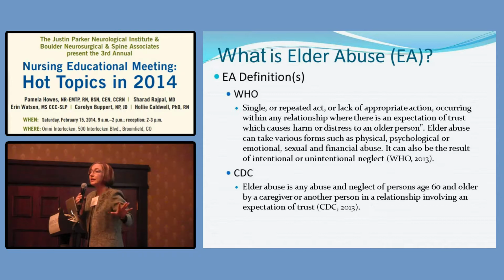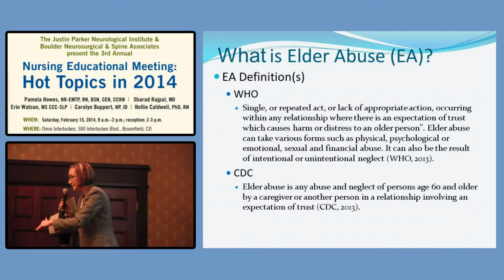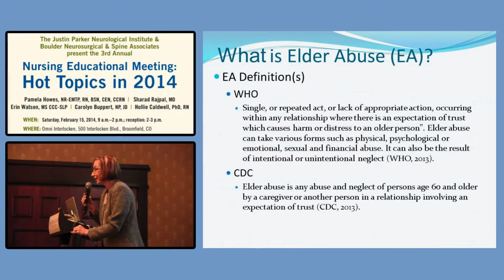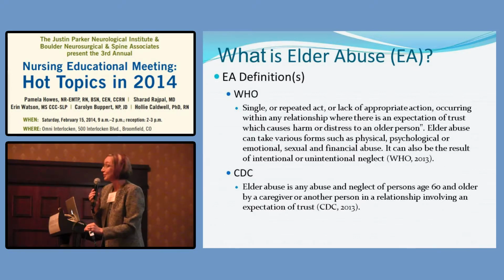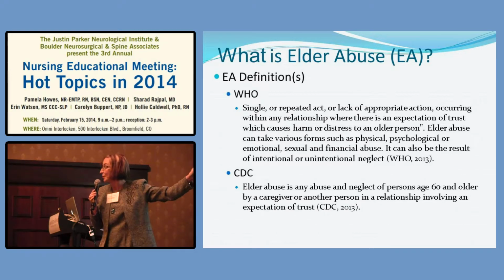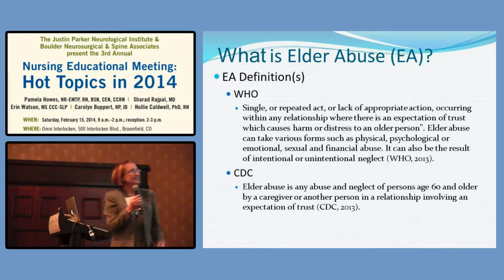And that's simply because the Older Americans Act, which was enacted in the 1970s, allows you to receive services as an older adult at the age of 60. But many of us would argue that at the age of 60, we are not very elderly, right? My mom does not get a big thrill out of the fact that she qualifies for elder abuse by being over the age of 60.